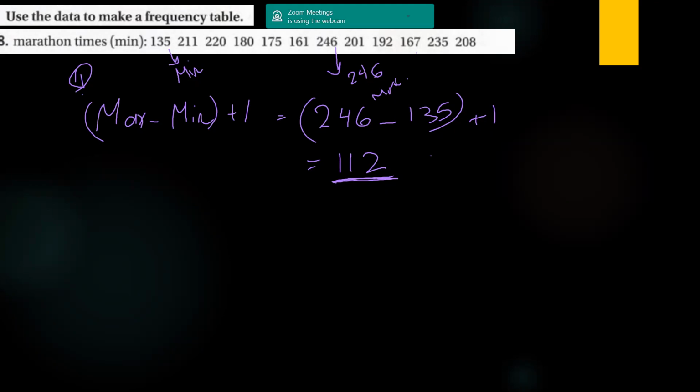Let's try to divide 112 by 8. What did you get? 14. So that means the length of my frequency table interval is 14 here.